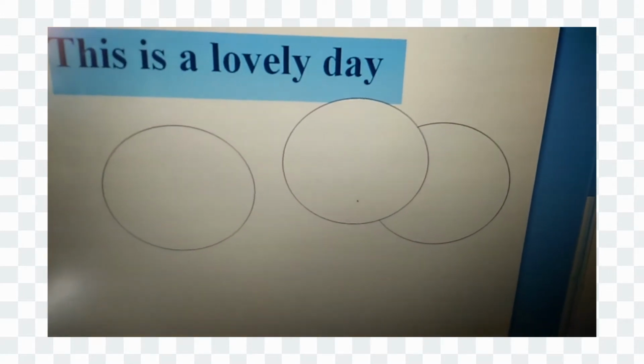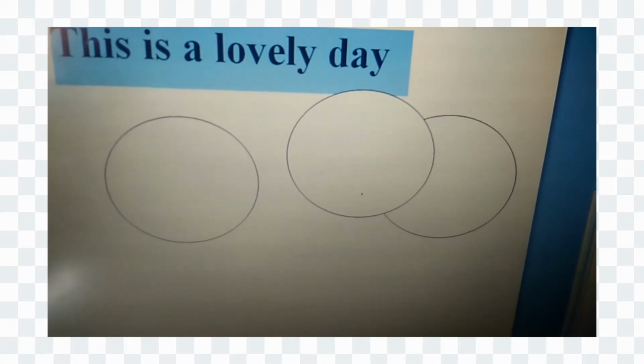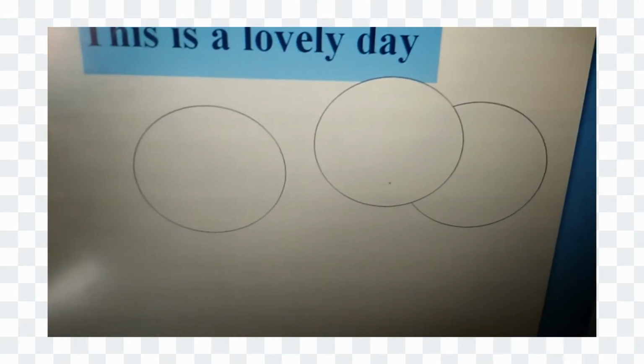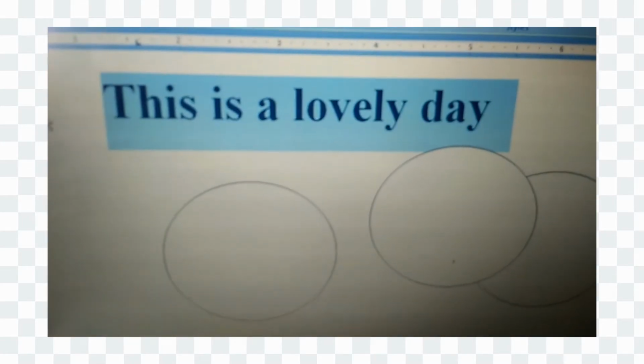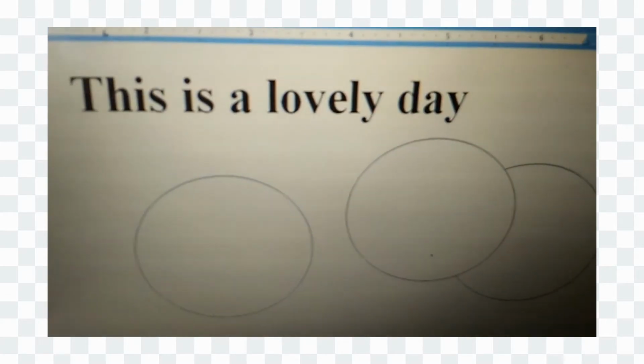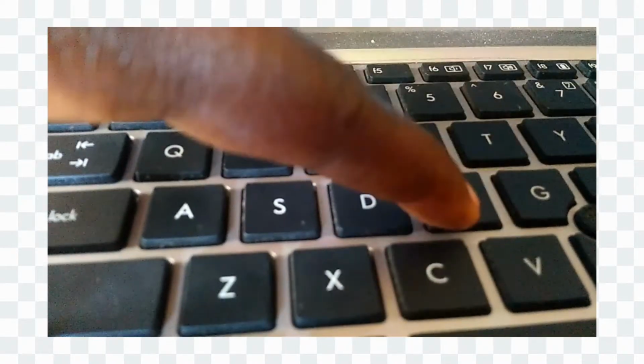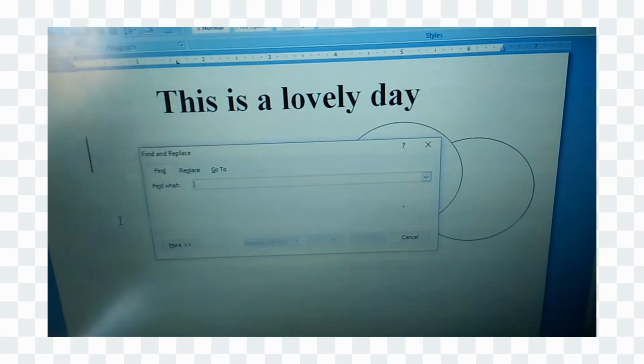Ctrl F, Ctrl G, and Ctrl H all have the same functions on MS Word, and I'm going to display that to you. Look, if you press Ctrl plus F, it opens the find window for you.